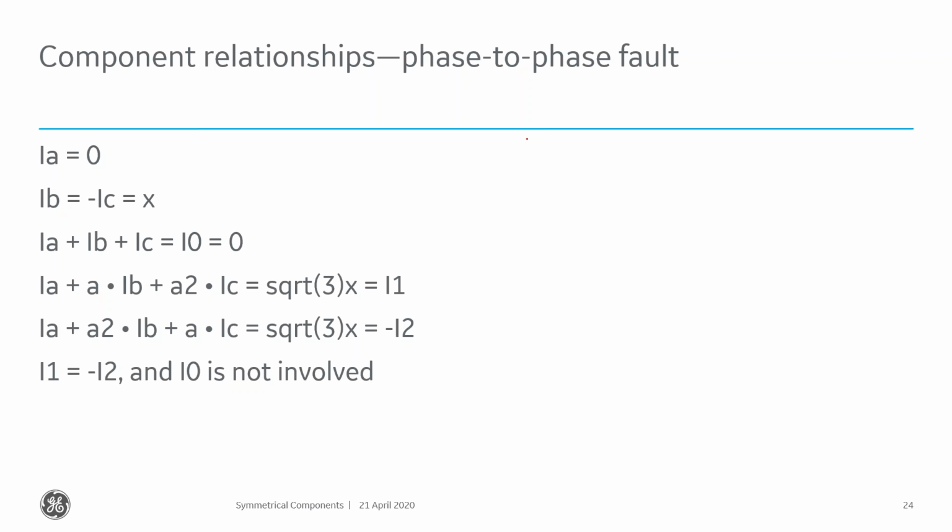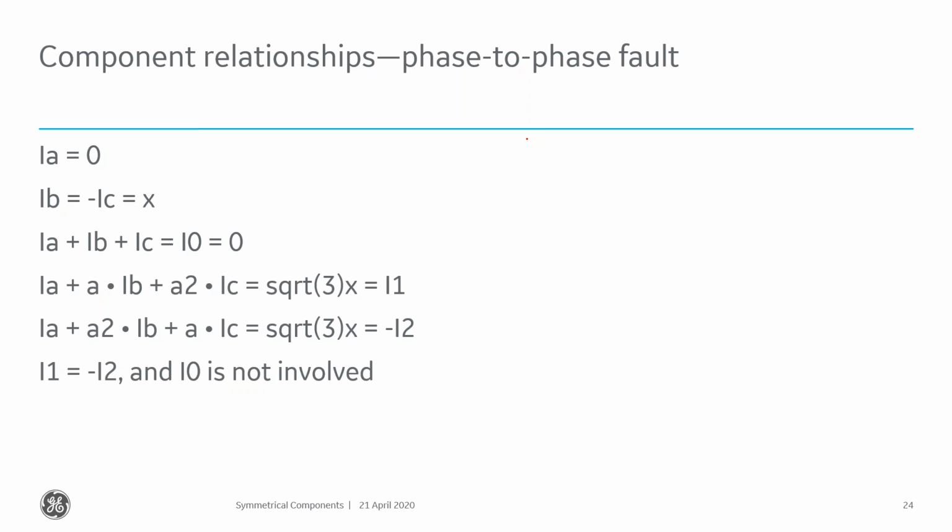That means the current in B has got to be coming back on C, because there's no other path for it to get back to its source. It's got to have a complete circuit. So IB equals minus IC, and those are both equal in magnitude to X. I should have drawn absolute values around that.